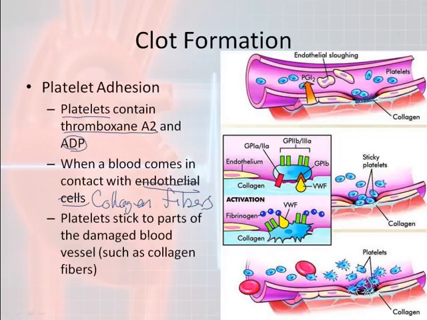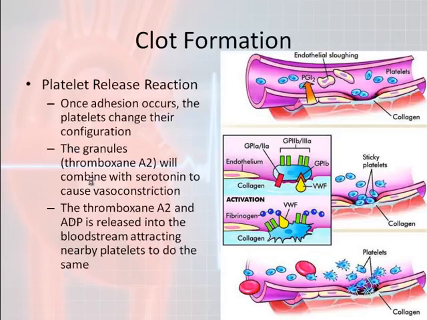Platelets stick to those collagen fibers. When they stick to those collagen fibers, what happens next is granules inside of the platelets will then release the thromboxane A2, and the ADP.